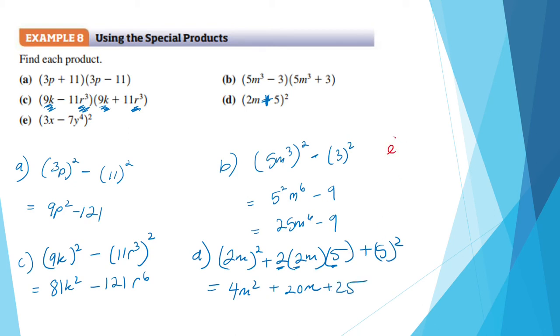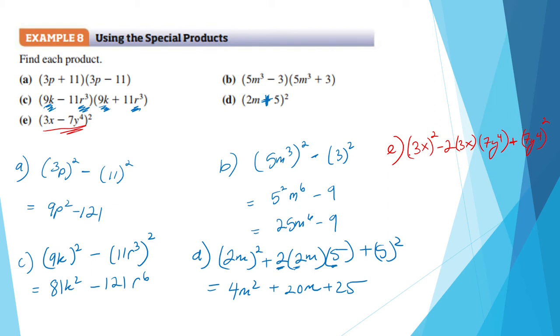Part E, we're going to multiply 3x minus 7y to the 4th quantity squared. So I'm going to use our very last formula. We're going to put 3x squared minus 2 times 3x times 7y to the 4th plus 7y to the 4th squared. So just plug in the values into the formula.